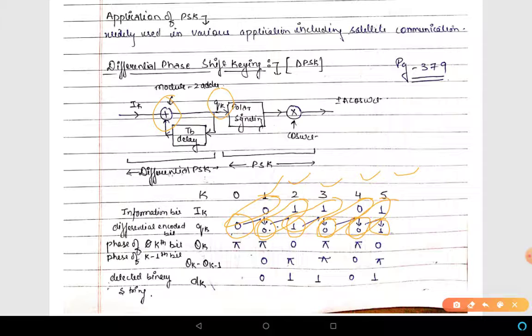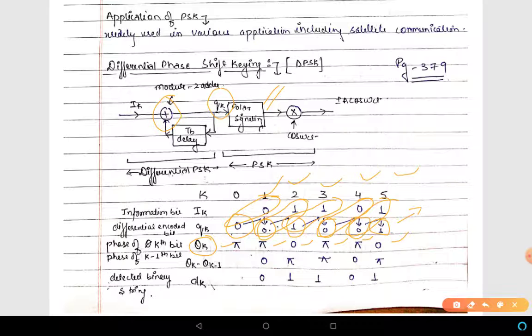And if I go for polar signaling and PSK, then theta k will become pi, pi, 0, pi, pi, 0. Pi corresponds to the phase for bit 0, and 0 corresponds to the phase for bit 1. Now what if I go for the difference of the phases of two adjacent bits?